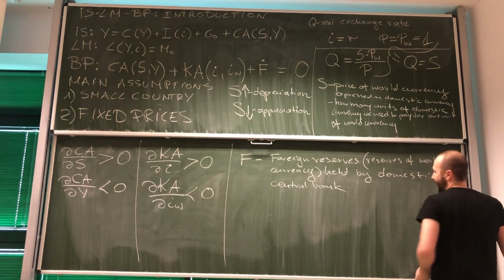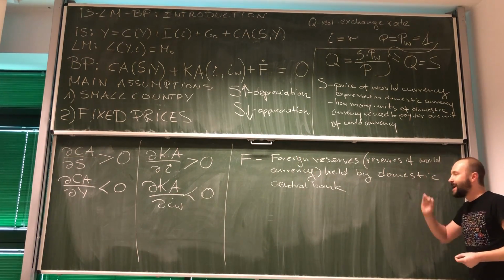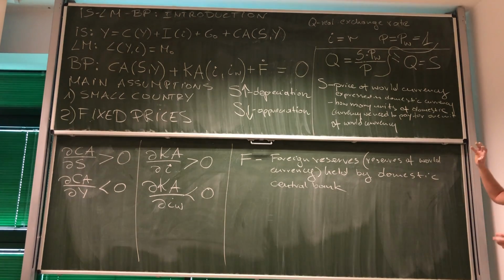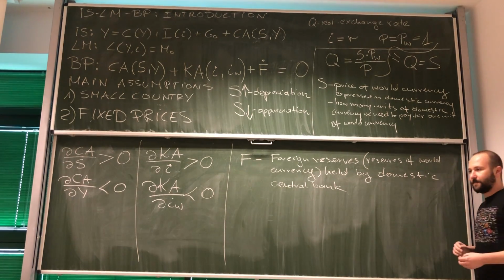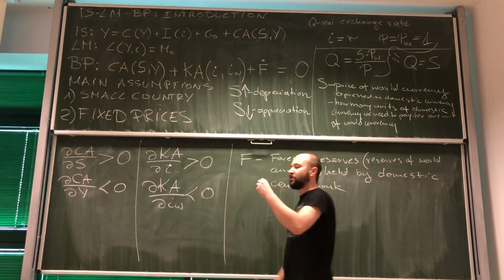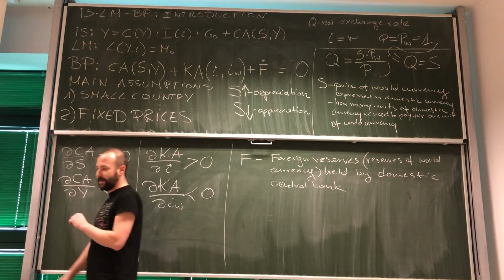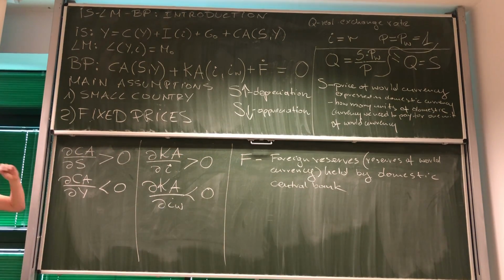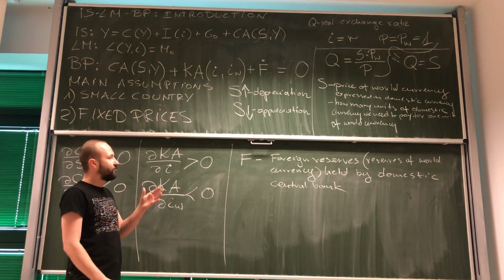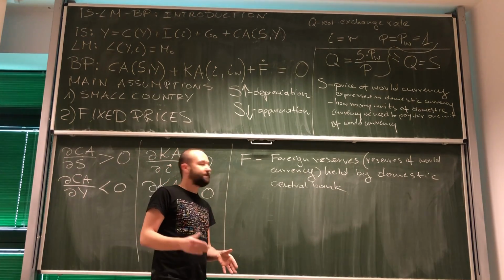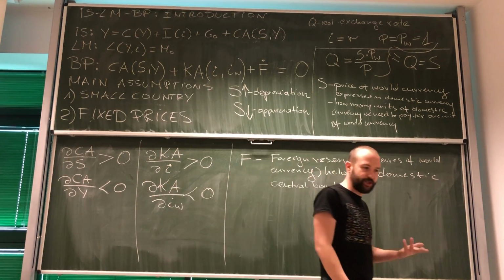But the central bank can, in principle, take those foreign reserves and use them to make interventions. Why would the central bank like to make an intervention? Well, it would like to, for example, influence the level of the exchange rate.